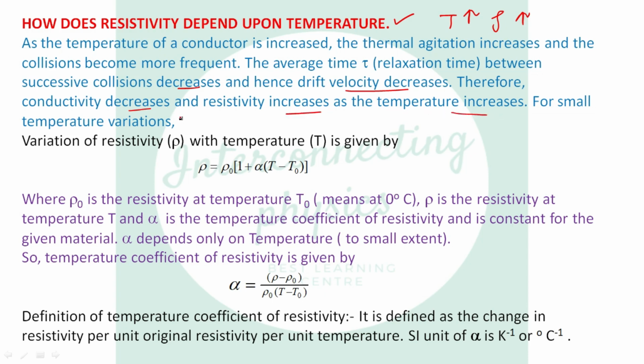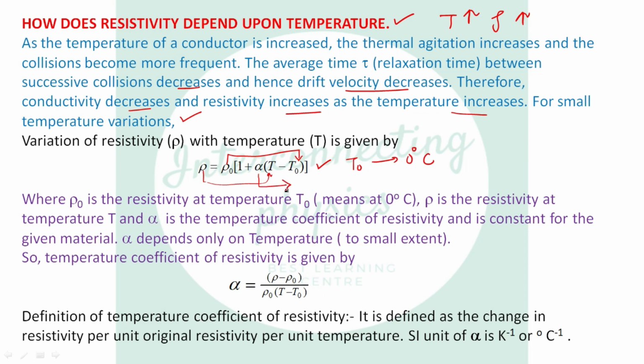For small temperature variations, we can write rho equals rho naught times (1 plus alpha (T minus T naught)). So this is the relation through which we can know how resistivity depends upon the temperature. Here rho is the resistivity at temperature T, rho naught is the resistivity at temperature T naught, and we basically take T naught as 0 degrees Celsius. And this is alpha.